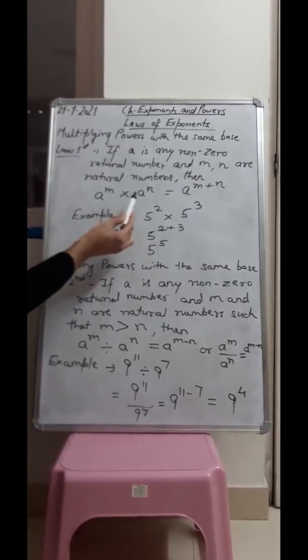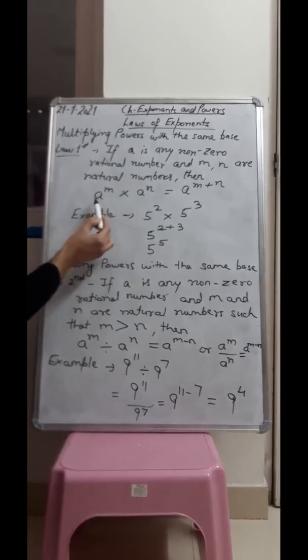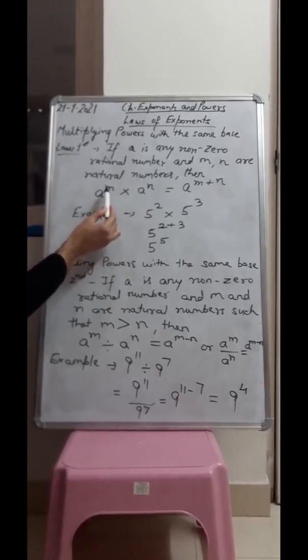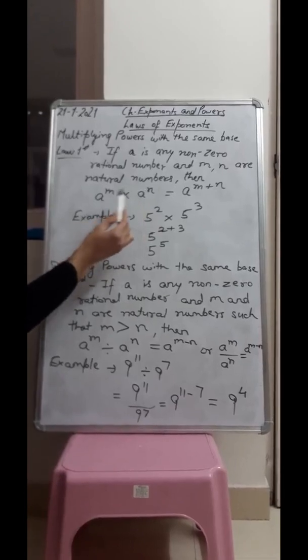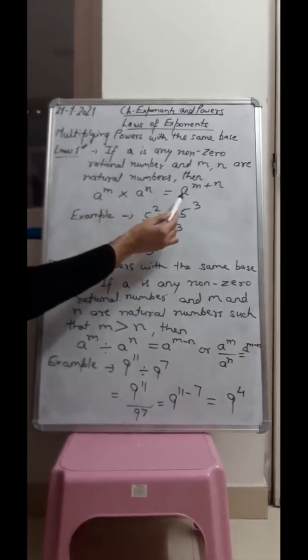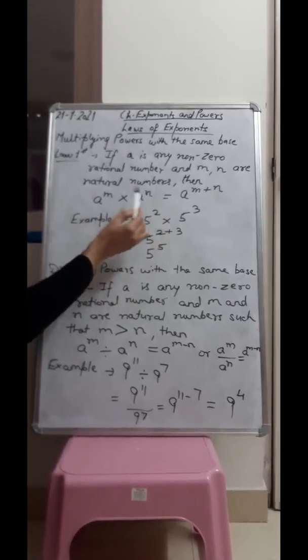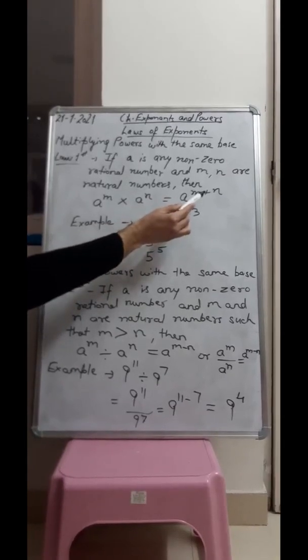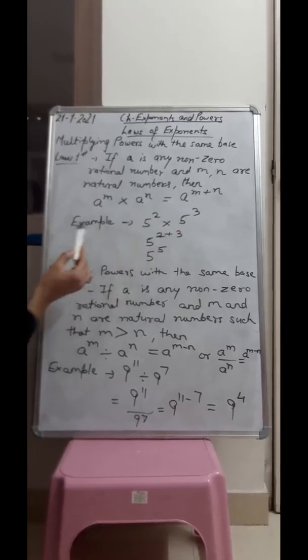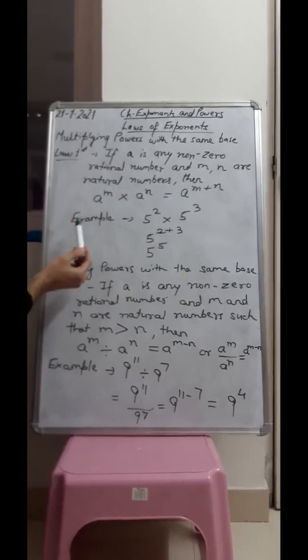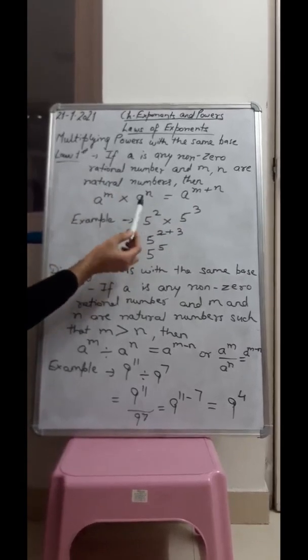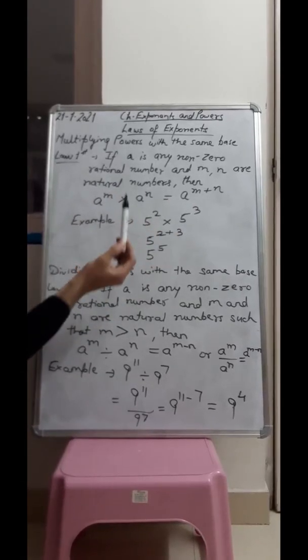Here we are multiplying exponents with the same base. The base is a and the powers are different, m and n. So what will happen? The base will remain the same, a, but the powers get added in multiplication.